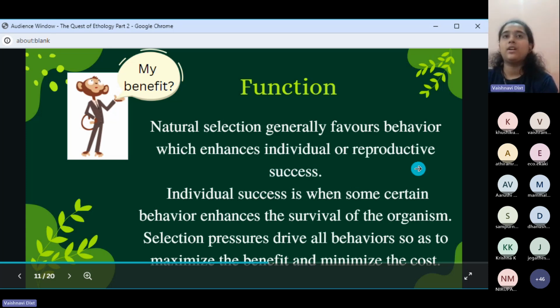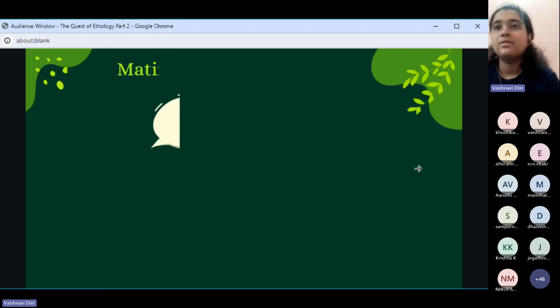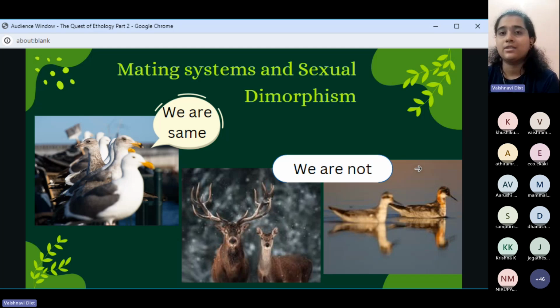About reproductive success, when I talk, then it comes to mating systems and sexual dimorphism. Okay, so now what are mating systems? Basically, it is a system in which a species mates, or the behavior you observe during mating.